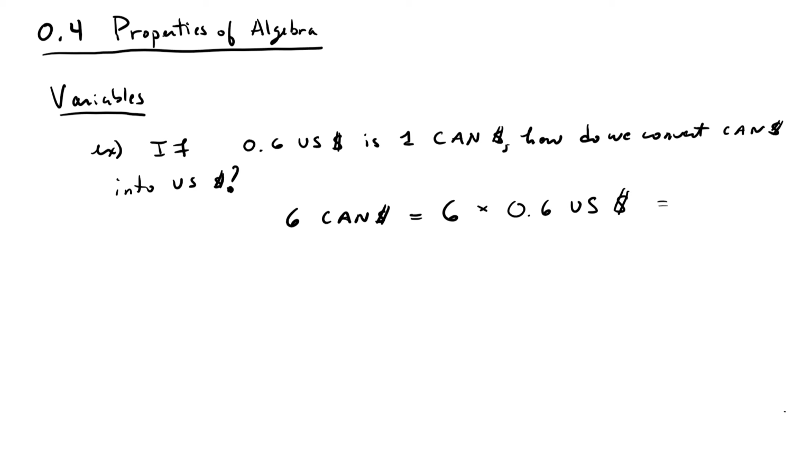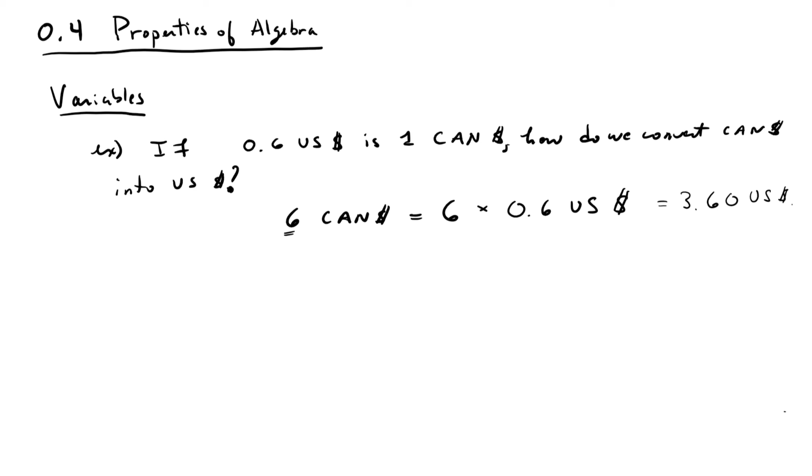Or if you prefer, I'll have 3.6 US dollars, $3.60. I could repeat this little exercise with my favorite number. I chose 6, but any other number could have worked for creating this example.